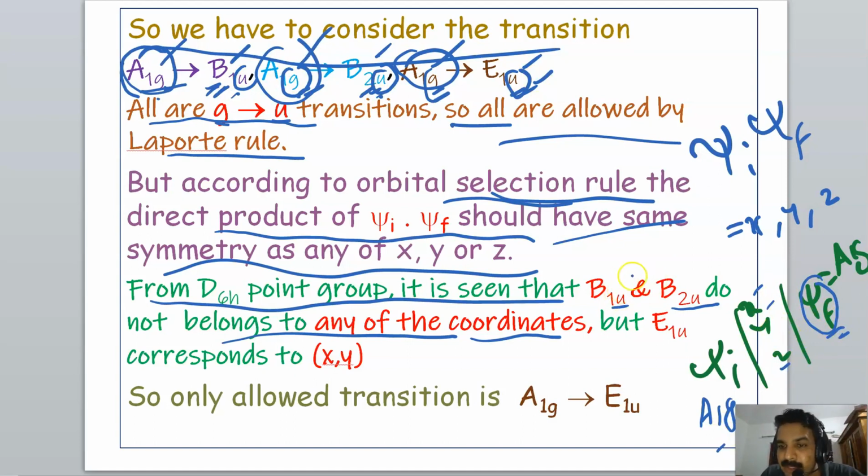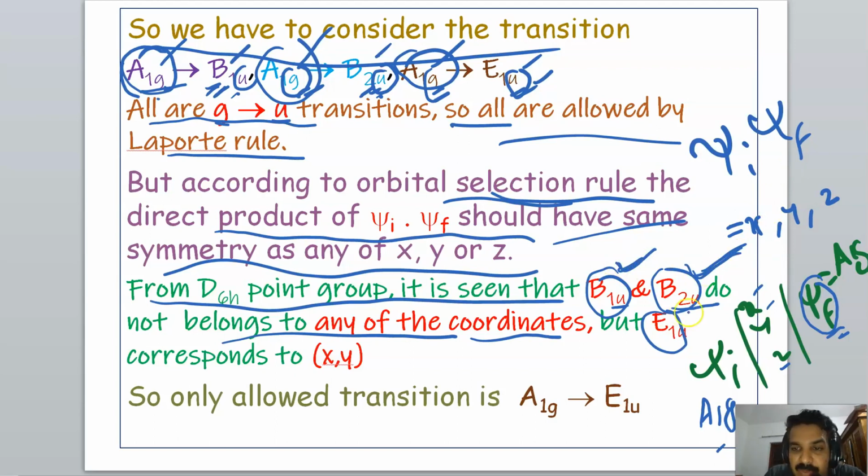Same as that of psi f, which is B1U or B2U or E1U. But the XYZ coordinates do not belong to B1U and B2U. So according to the orbital selection rule, the transition from A1G to B1U and B2U is not allowed because their symmetry does not belong to the XYZ coordinates.